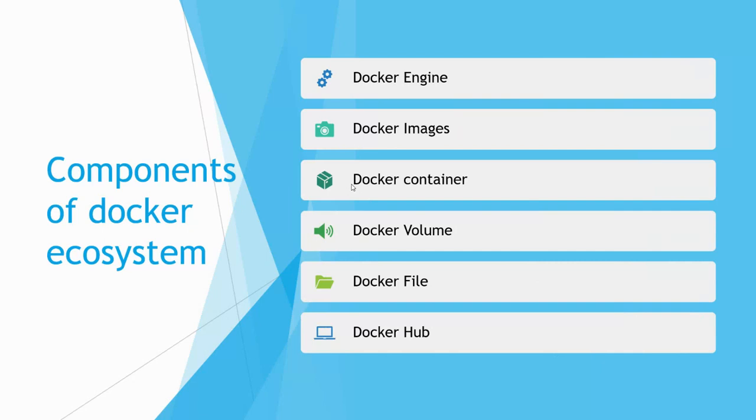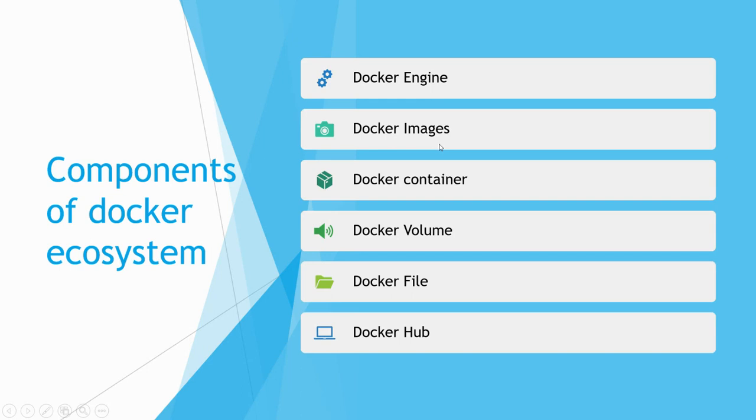And then let's see the components of the Docker ecosystem. In the Docker environment, what are the components we have? The first one is the Docker engine. Docker engine means the package which we install in the virtual machine. That is a thin layer of containerization which will be added over the operating system in a virtual machine, which is called the Docker engine.